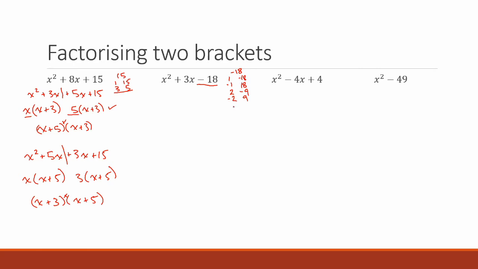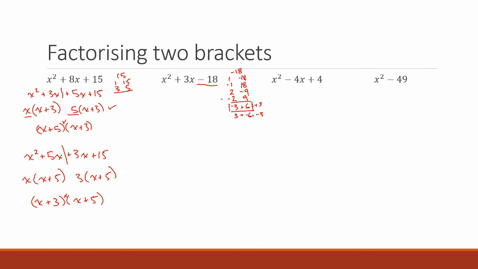I can do negative 3 times 6, and I'm actually pretty confident with that one if I add those together. The other one of this pairing would be, of course, 3 and negative 6. But if I add these together, here, negative 3 plus 6 is a positive 3. And here, 3 plus negative 6 is a negative 3. So this here is the pair I want to use.